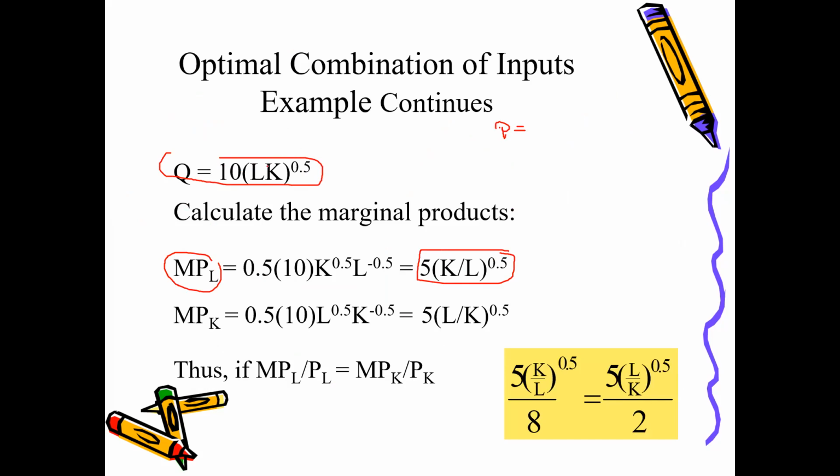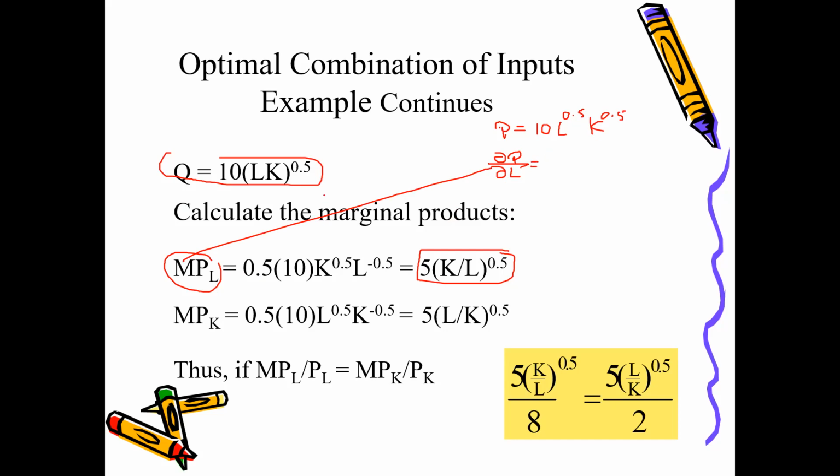So if someone needs to simplify, L to the 0.5, K to the 0.5. We differentiate this with respect to L, and you get the marginal product of labor.